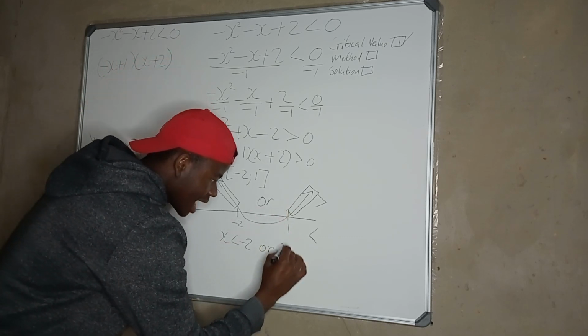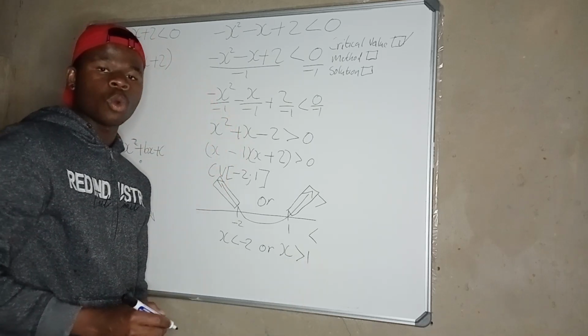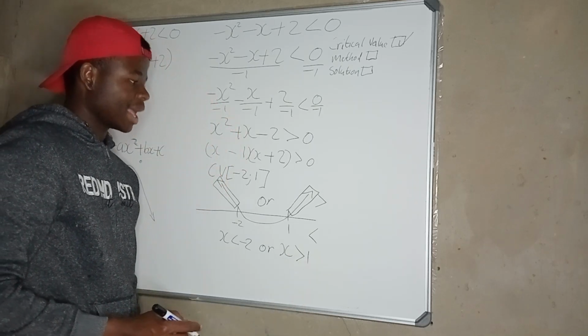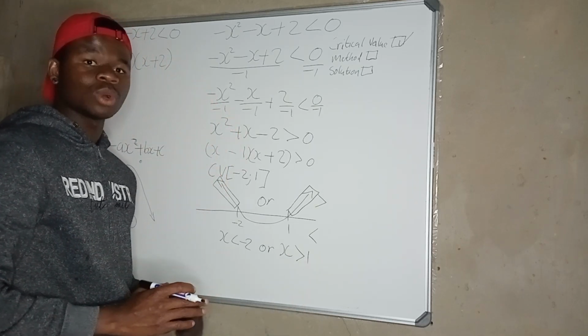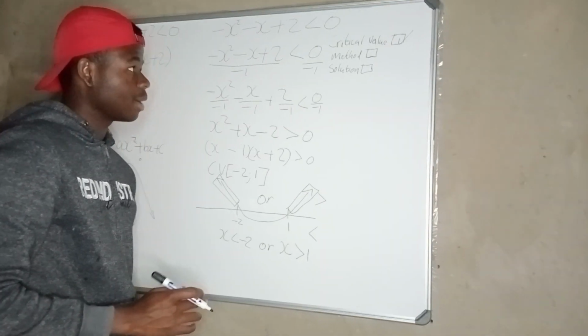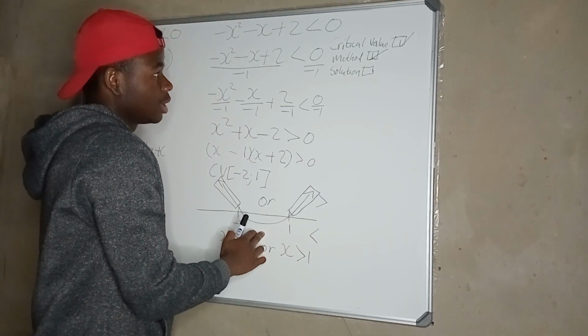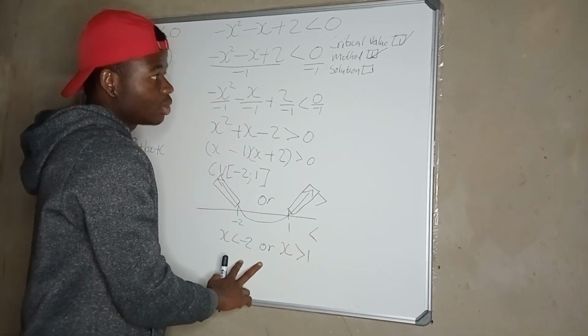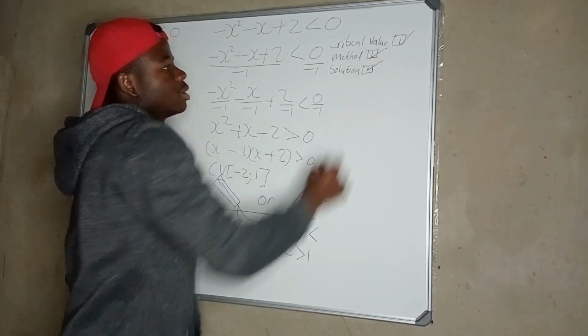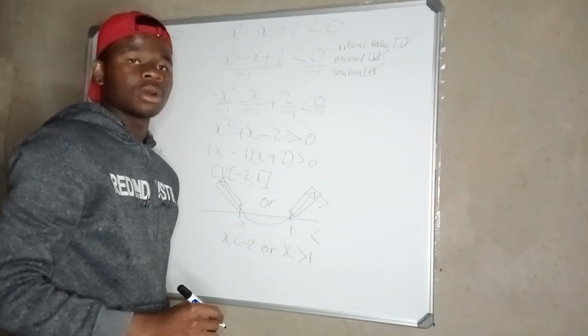It's going to be x is greater than 1. So we are done with the first method. We did our method, and now we are done with our solution.